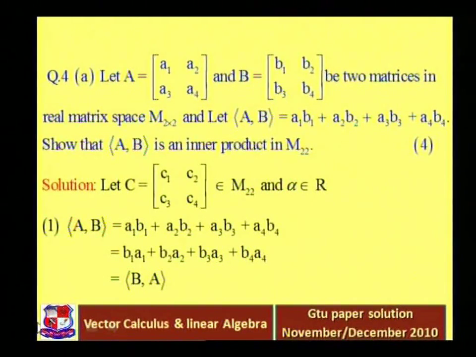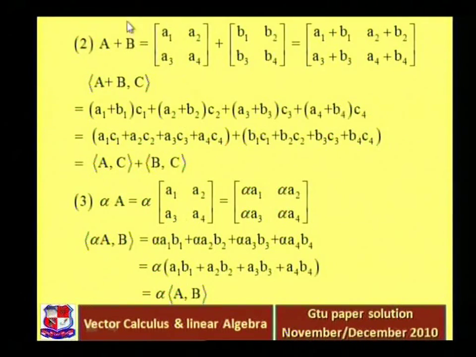Next condition: we want to prove inner product A plus B, C is equal to inner product AC plus inner product BC. A plus B is equal to A1, A2, A3, A4 plus B1, B2, B3, B4, that is equal to A1 plus B1, A2 plus B2, A3 plus B3, A4 plus B4.